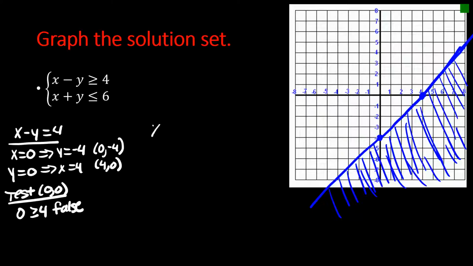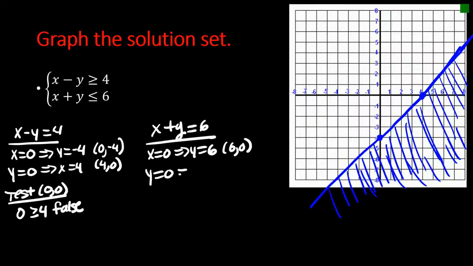We have x plus y equals 6. So if x is 0, then y is 6. If y is 0, then x is 6. So we have a point, this should be 0, comma 6, and this should be 6, comma 0.